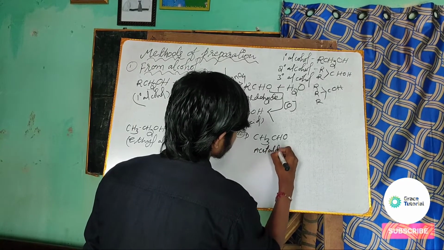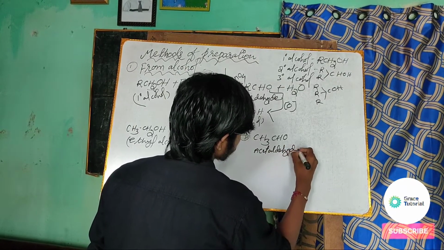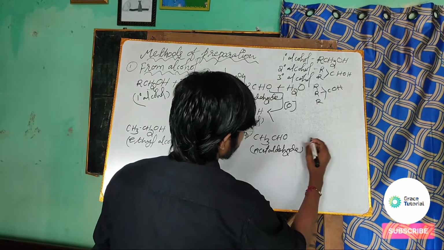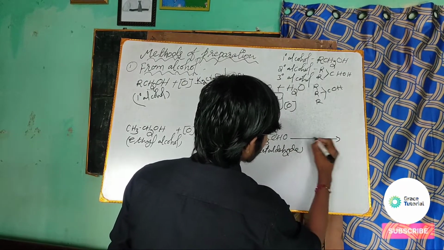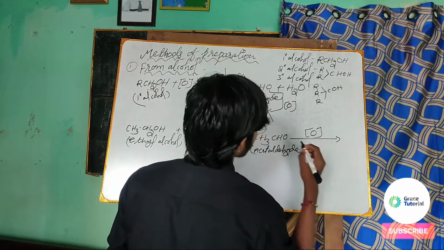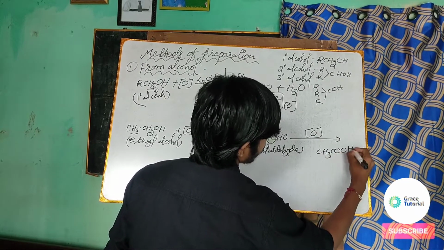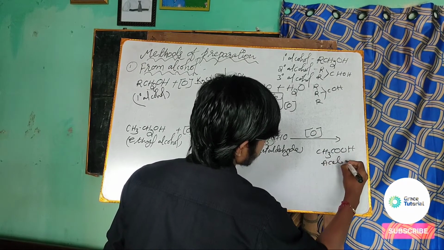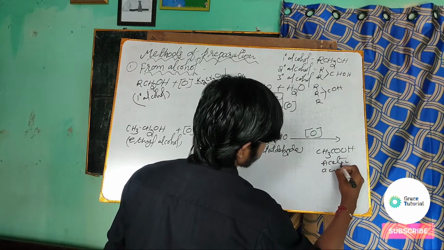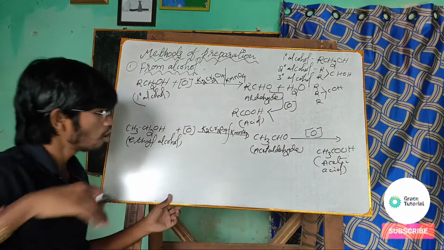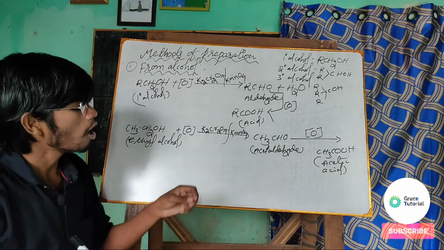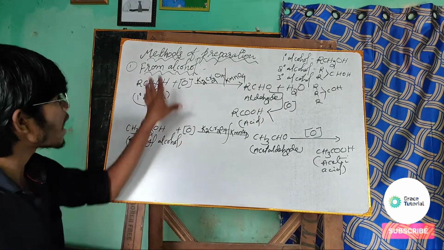Acetaldehyde. And if that acetaldehyde is further oxidized, then we get CH3COOH. This is acetic acid. So this is the first method where the acid is prepared from alcohol.